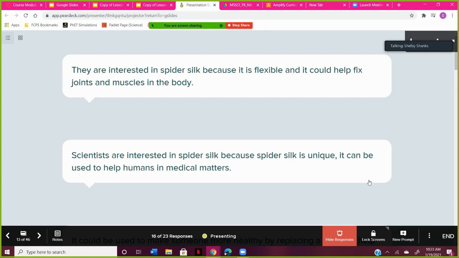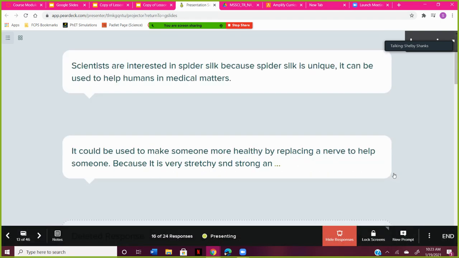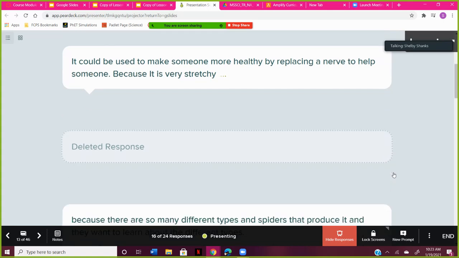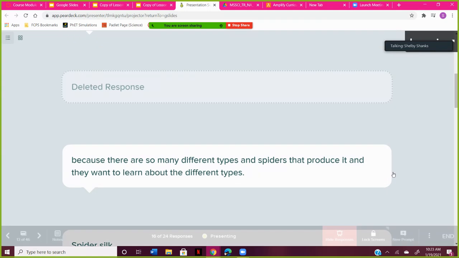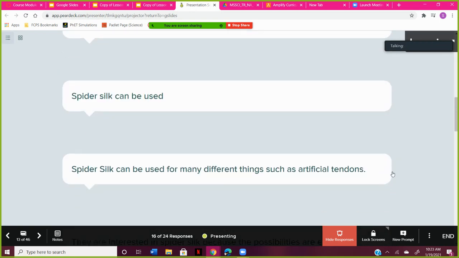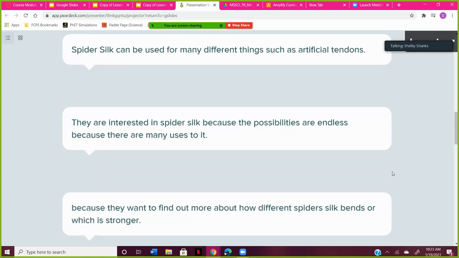Spider silk is unique. It can be used to help humans in medical matters. It can help fix joints and muscles in the body. Used to make someone more healthy, replacing a nerve, possibly. There are many different types of spiders. Artificial tendons.